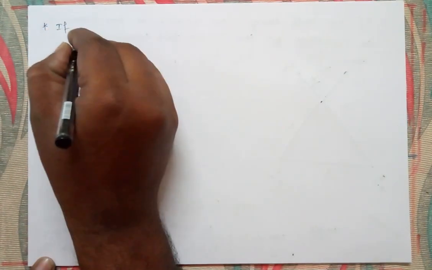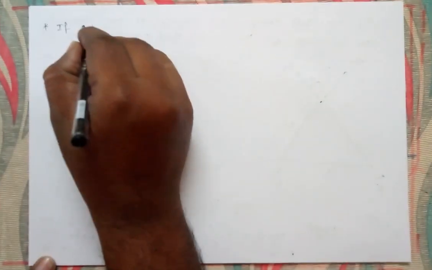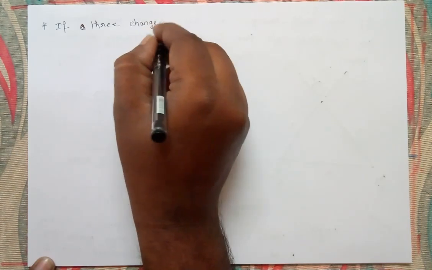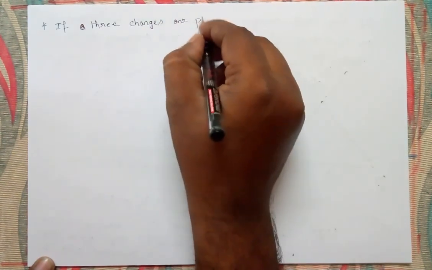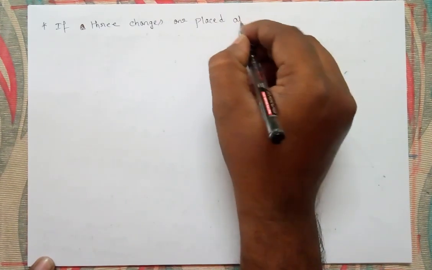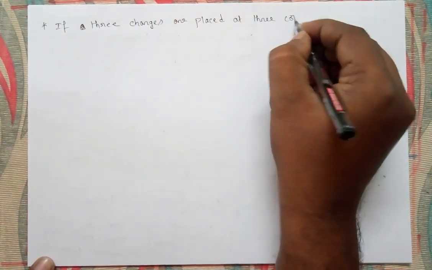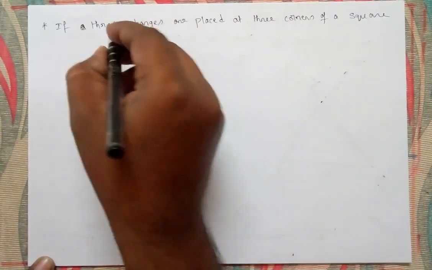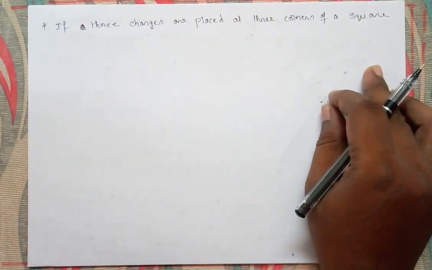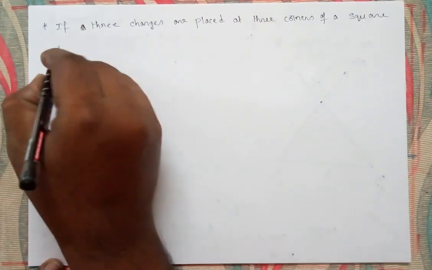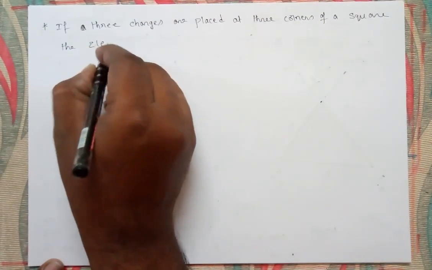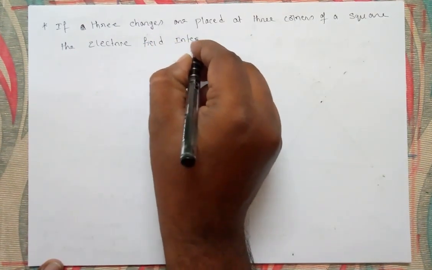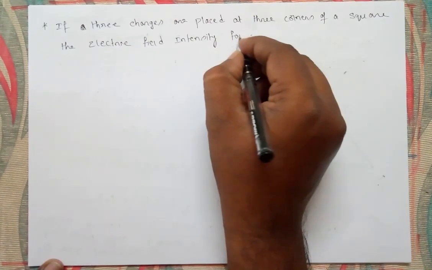If three equal charges are placed at three corners of a square, we are discussing the electric field intensity at the fourth corner.